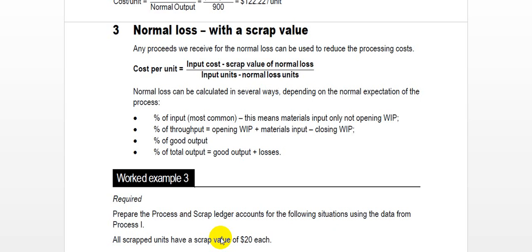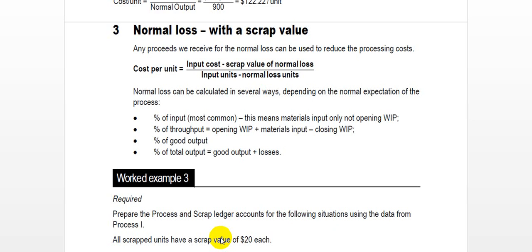The formula gets modified to cost per unit equals input costs minus scrap value of normal loss over input units minus normal loss units. The normal loss, most of the times in the exams, you'll be given the value of the normal loss.